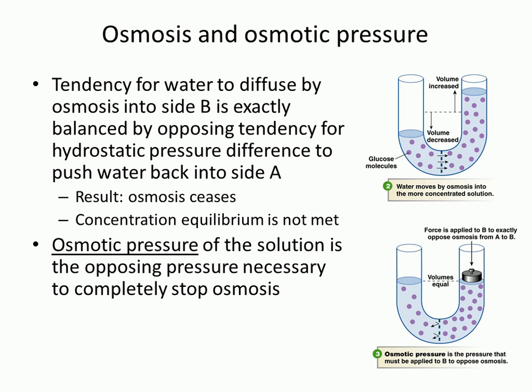I think the exact terms I used was the opposing pressure necessary to completely stop osmosis, which is textbook talk. Did that make more sense? It's the hydrostatic pressure on the receiving side that opposes the movement of water down its gradient.